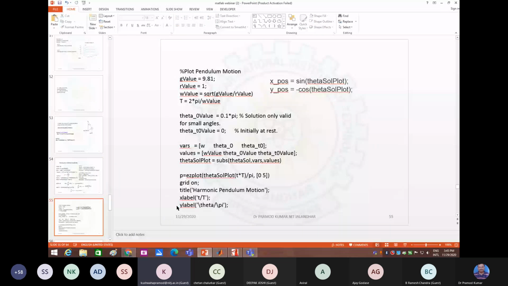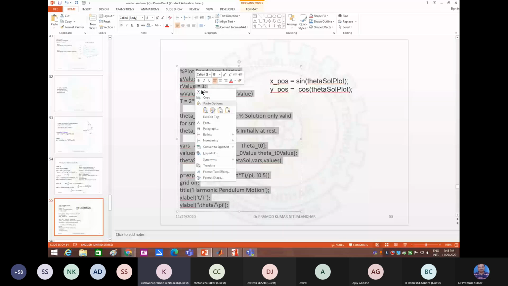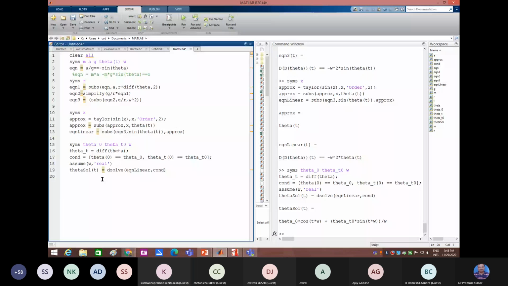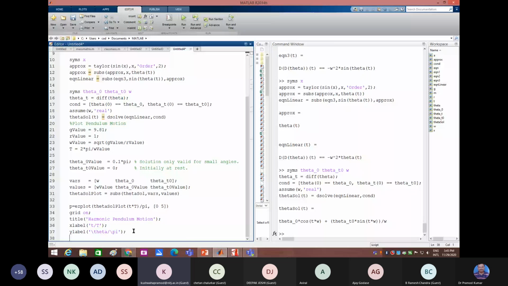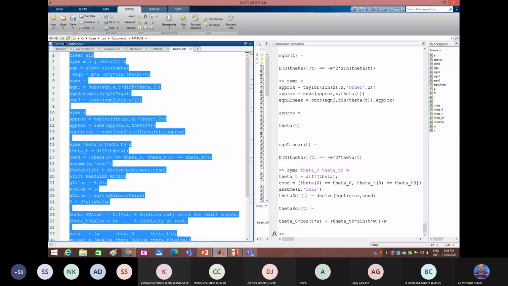We'll put the numerical values of g and length and the time period we'll get. After that we'll see how the value is coming here. Now we'll plot all these. I hope it should work.